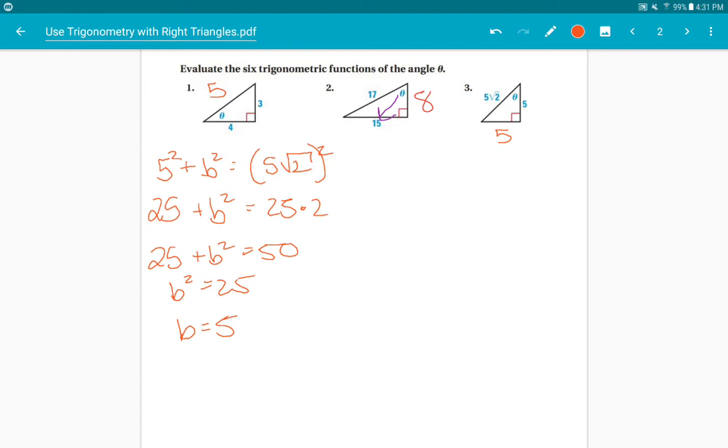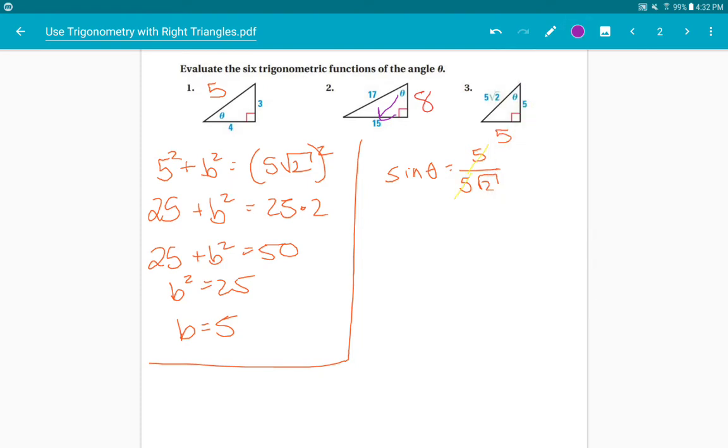Okay, so now we need to find our trig ratios here, and we're going to start with sine. So sine is going to be 5 opposite over 5 radical 2, but we need to simplify this as much as we can. So the first thing I want to do is I notice that there is a 5 in the numerator and in the denominator, so I'm going to simplify that.